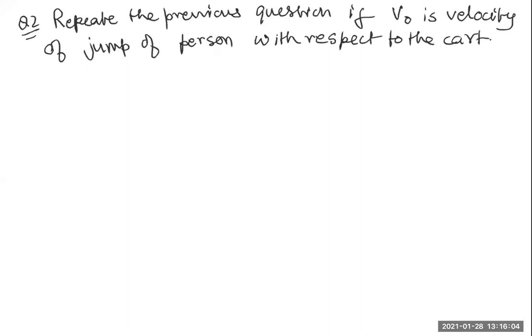So here, when the man jumps off, the velocity of the man v naught is measured with respect to the train. The guy is saying that, look, I am jumping off the train with a velocity v naught.